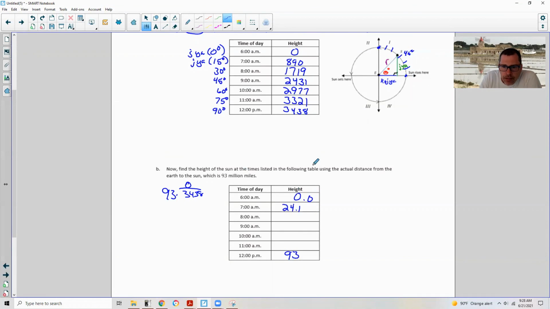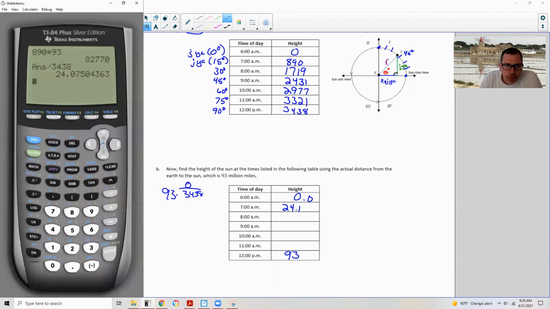And it says, okay, it doesn't say, but I'll do it in tenths. So if we keep doing that, so really what we're doing is we're taking these values here, dividing by 3438 and multiplying by 93. So 1719 divided by my r, if you will, I get 0.5 times 93, and that is going to give me 46.5.